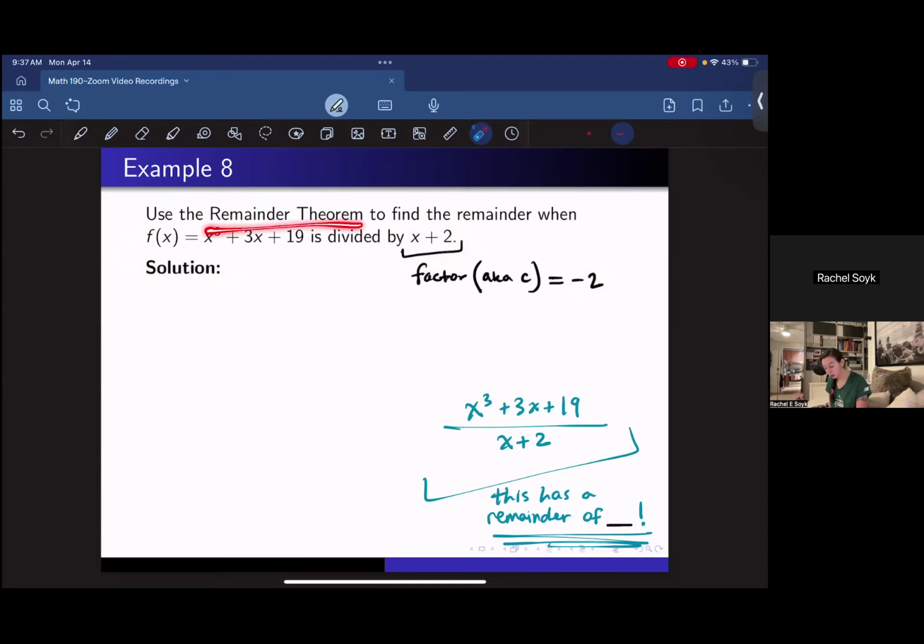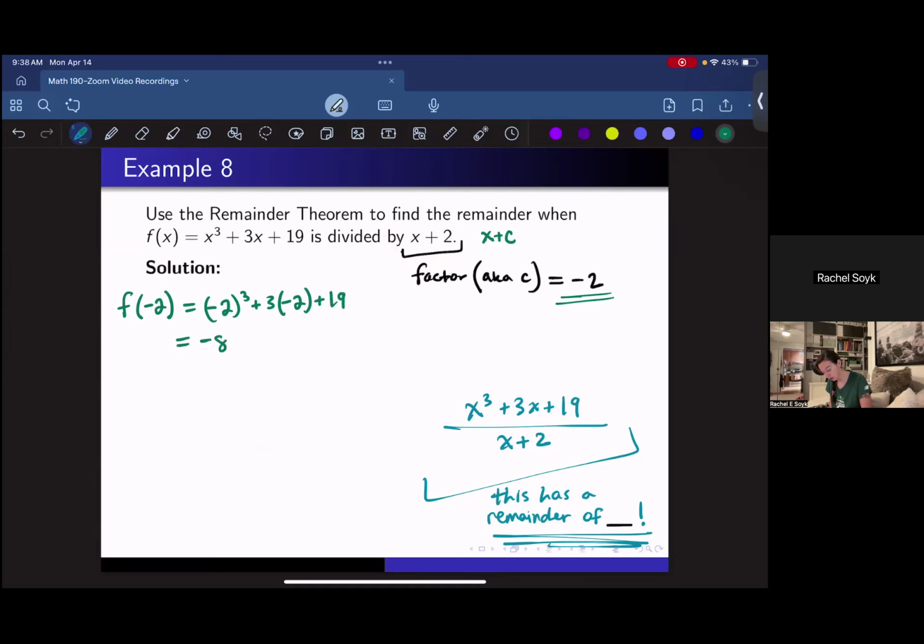So we're going to use the remainder theorem to find the remainder of this function when it's divided by x plus 2. So x plus 2 is really like our x minus c in disguise, which tells us that our c value is -2. If we plug -2 into our function, we end up with (-2) to the third, plus 3 times -2, plus 19.